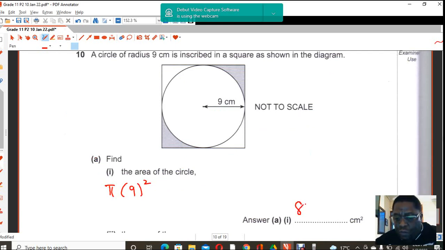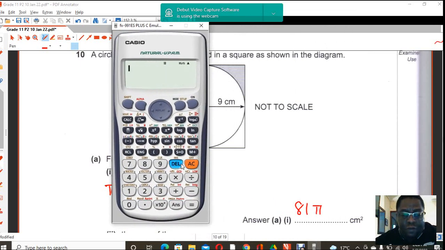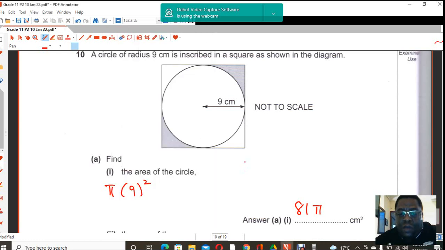I'm going to leave it in terms of pi. The answer is 81 pi. But you can also give it as 254.4 blah blah blah. It's also acceptable.